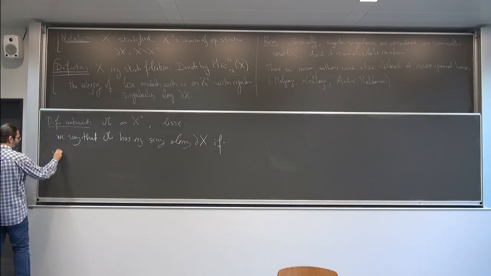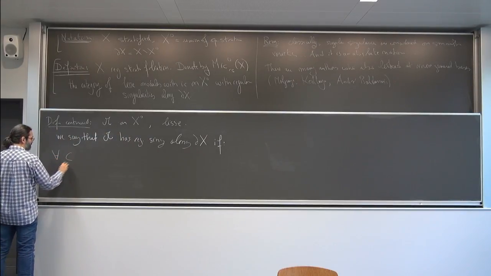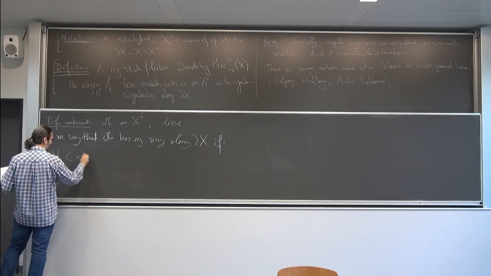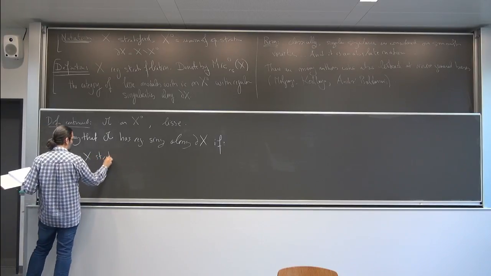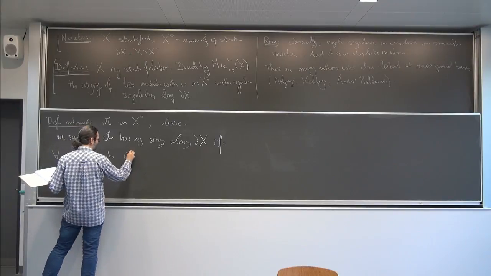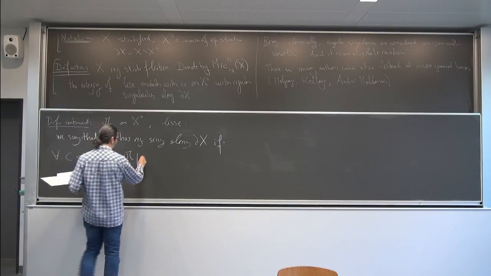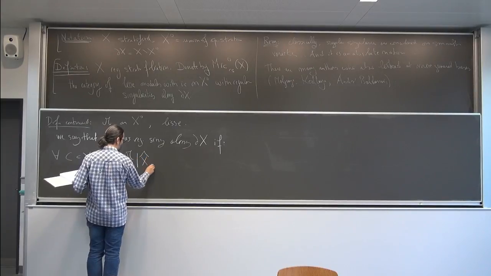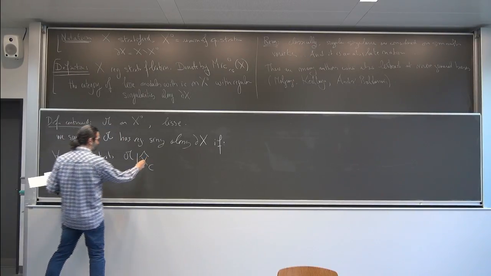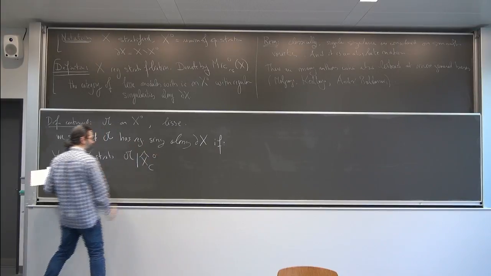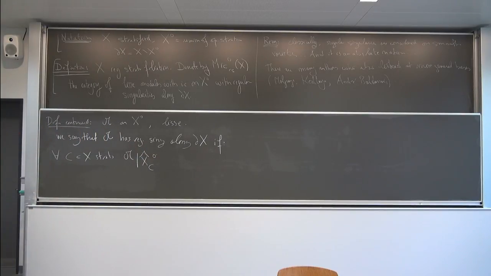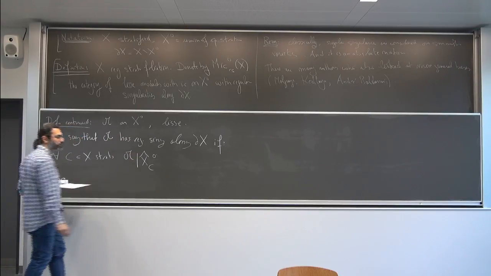So for every stratum C inside X, the pullback of M to the completion at C, and take X0 here. Of course the completion also has a stratification, and this is the inverse image of X0 in the completion.